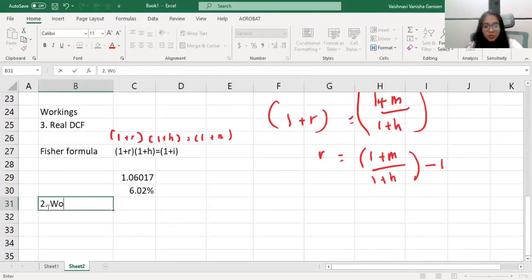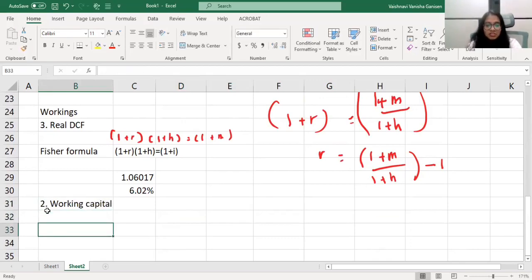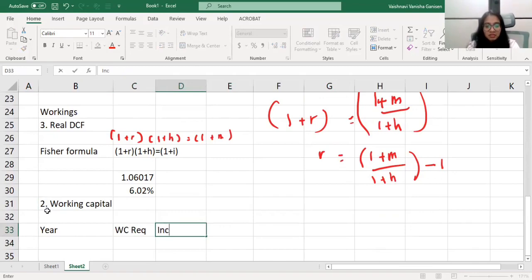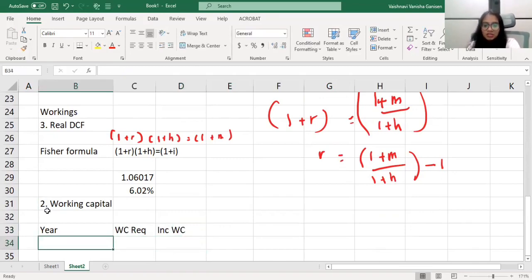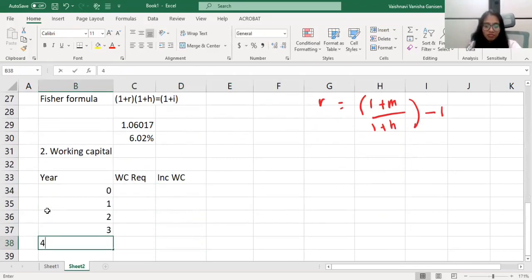Number 2, working capital is very easy. Okay, sorry for that error. Working capital requirement and incremental working capital. So year 0, 1, 2, 3, 4.